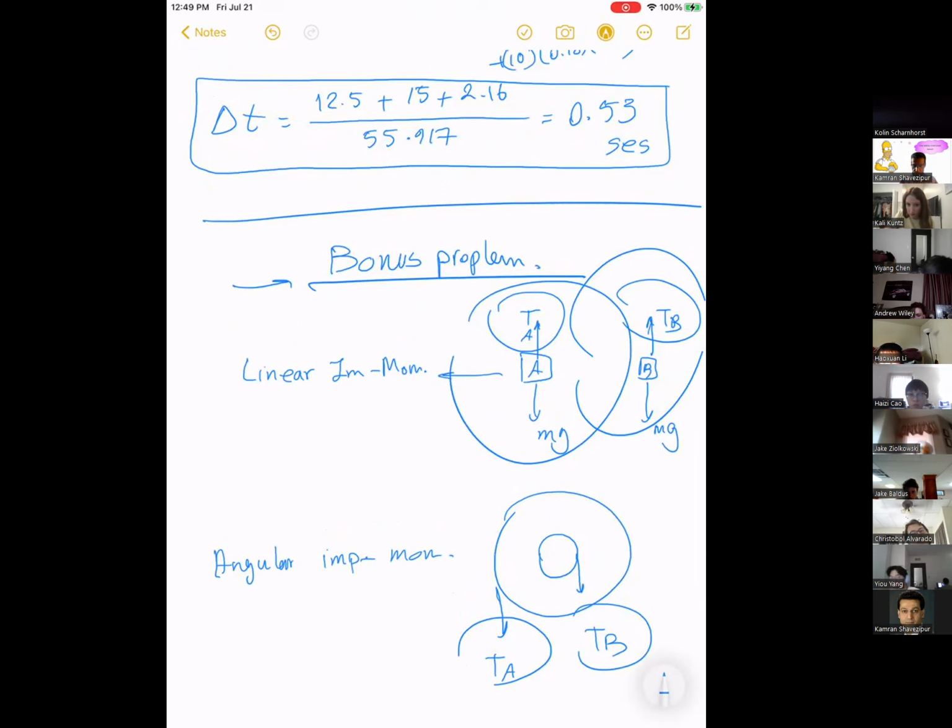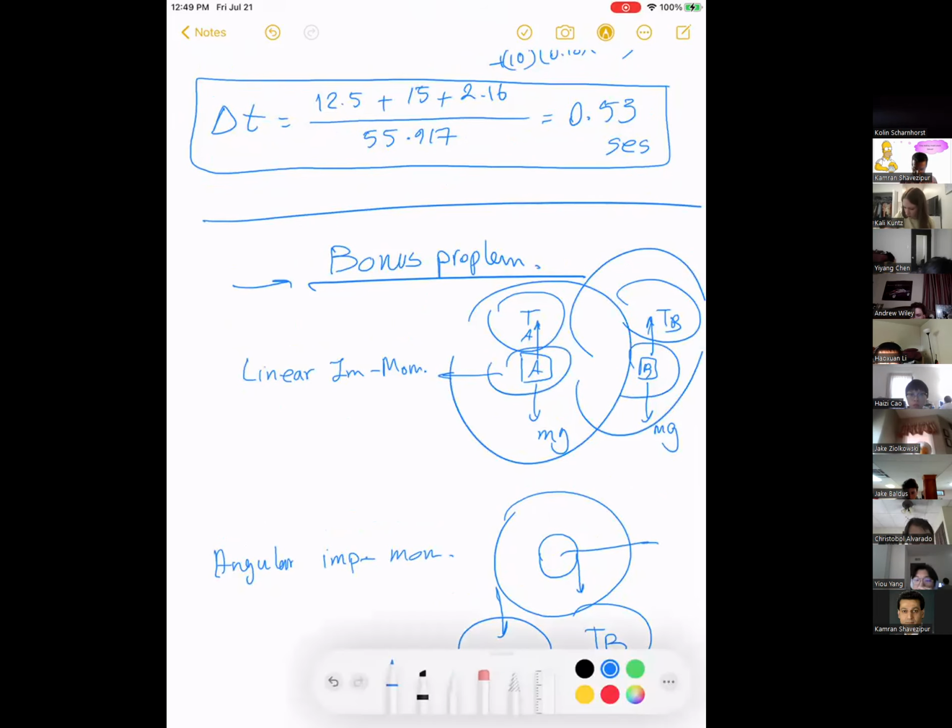Remember, the relation between velocity of A and B and the spool is the same, our omega thing. And TA and TB are not the same, obviously, because this is one object. I'm sorry, I missed it too much, but these are not the same forces, right? So you solve it as a bonus problem, submit it.